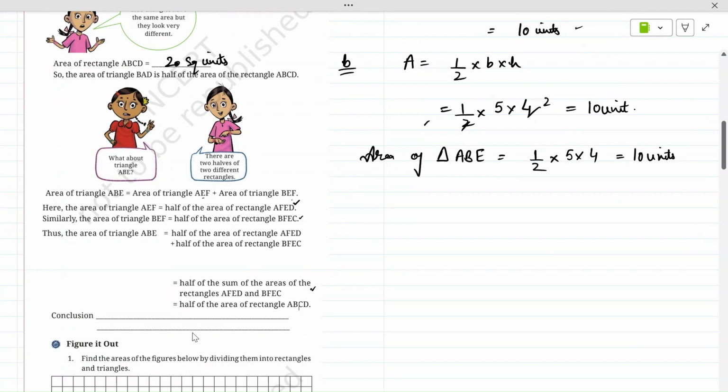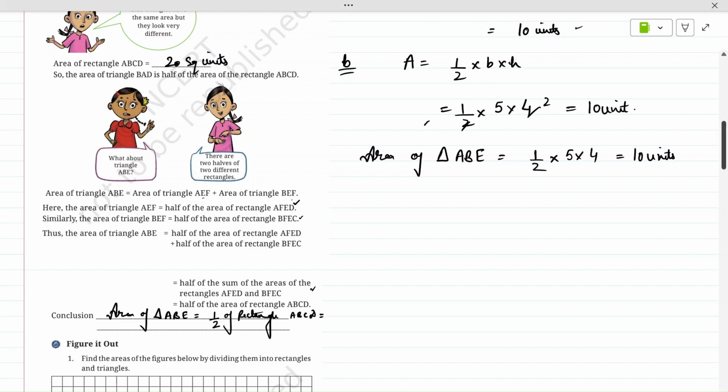So what is the conclusion here? We can say that the area of triangle ABE is also equal to half of rectangle ABCD. Why?